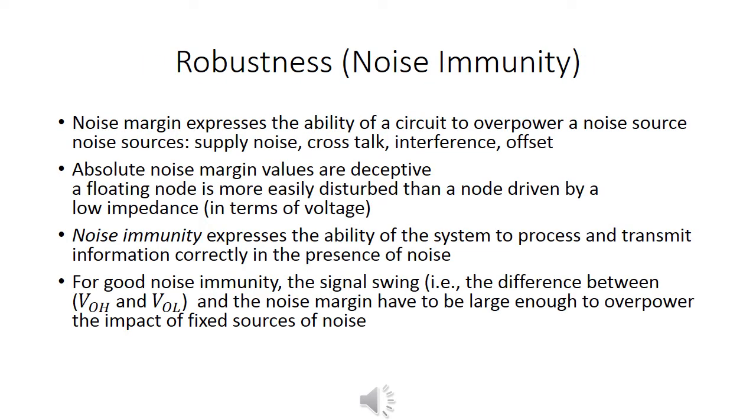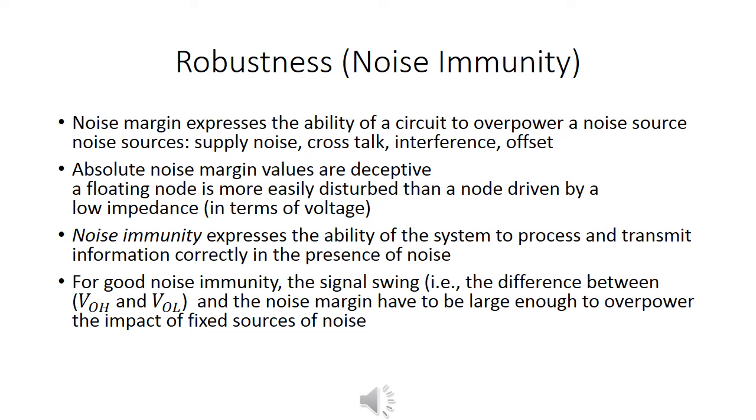As we know, noise margin is a very good metric to measure the robustness of a circuit against any noise, but it is not a sufficient one, as it expresses the capability of a circuit to overpower a noise, while noise immunity expresses the ability of the system to process and transmit information correctly in the presence of noise.